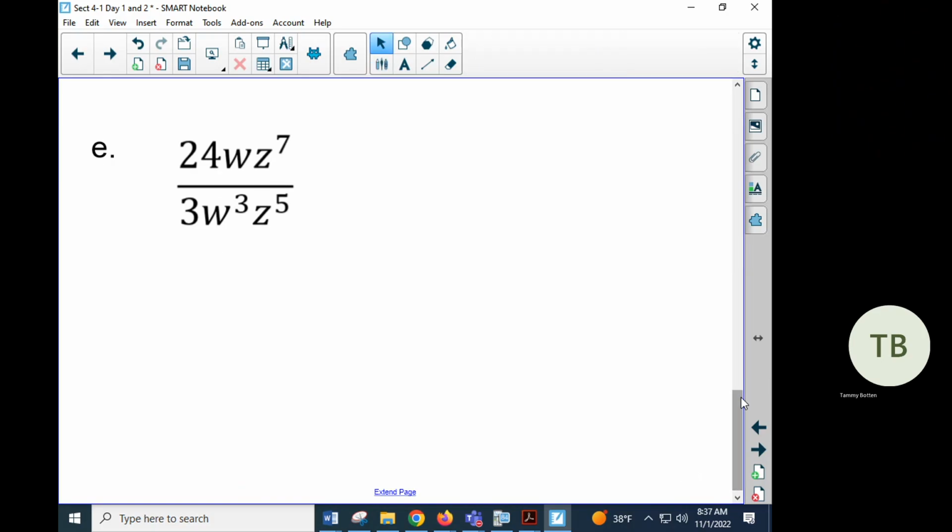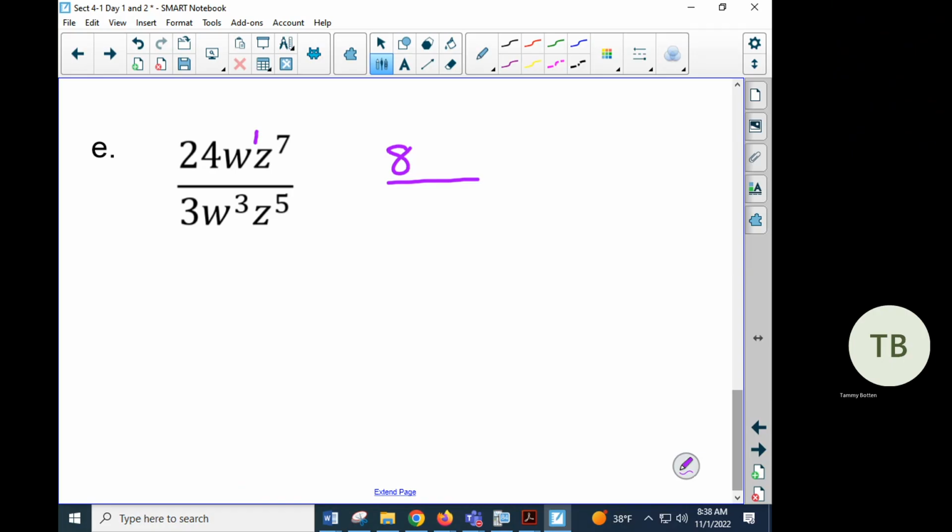Now this one here, the 24 divided by 3 ends up being just a whole number. So 24 divided by 3 is just 8, and that gets rid of that. Now we have 1 W on top and 3 on the bottom. So I would go 3 minus 1, which is 2.